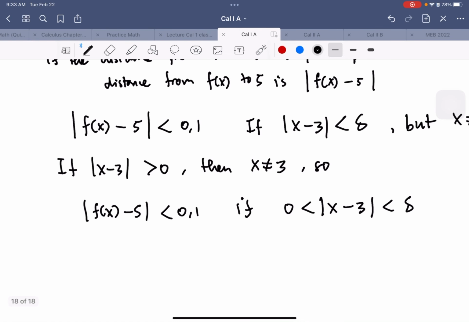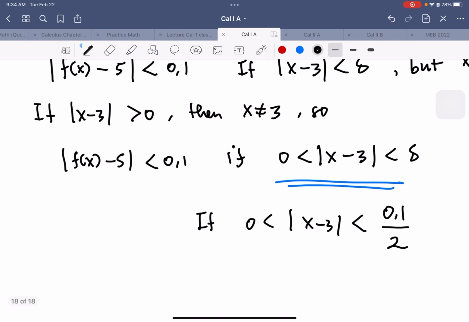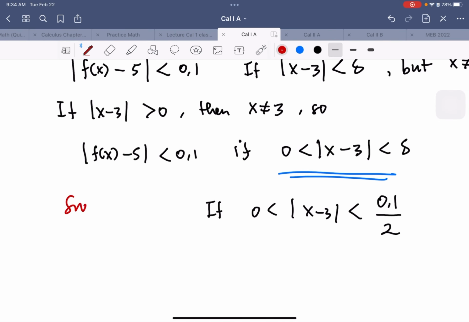And then from this value here, let's say we try to divide 0.1 by 2. Like we suggest a number. So here we are suggesting some value for delta.